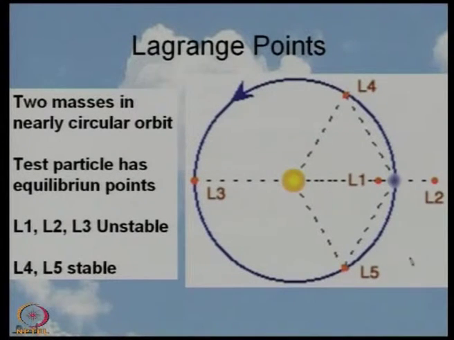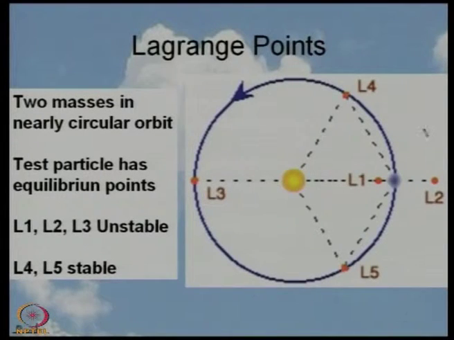So, there are two masses in a nearly circular orbit like the sun and Jupiter here, or sun and Earth. Now, we go over to the rotating frame that rotates with the same angular speed as the orbit. If it is a nearly circular orbit, there will be one angular speed, omega.